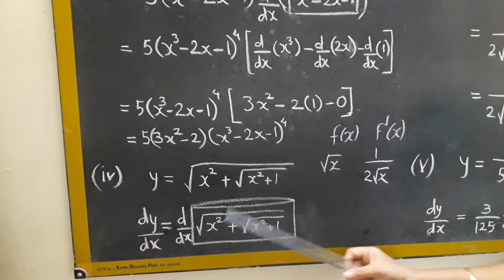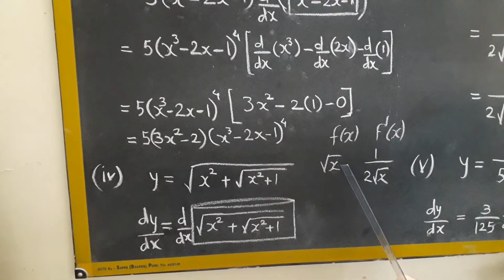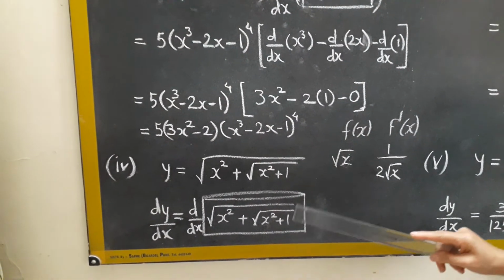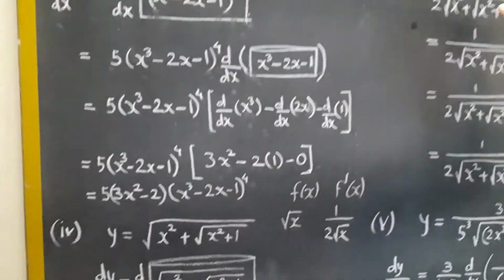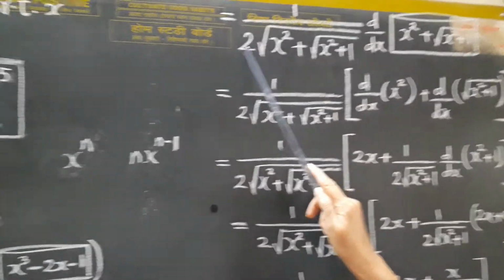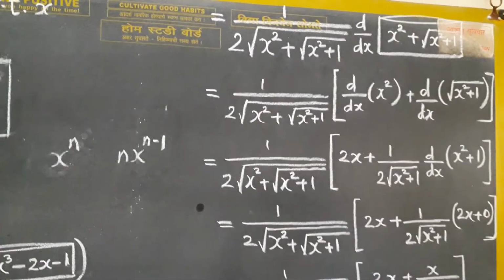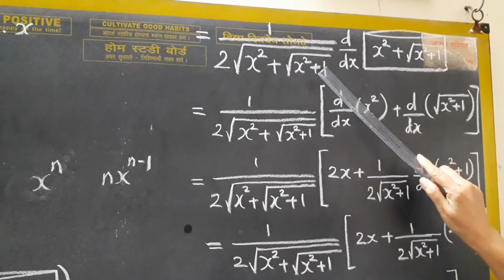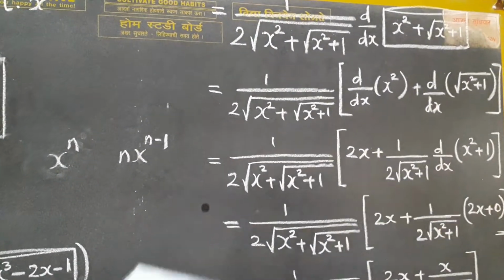So partially we will make use of this formula, and hence we get the derivative of this as 1 upon 2 times square root of x. Instead of x we write here, what is the replacement of x in the expression?